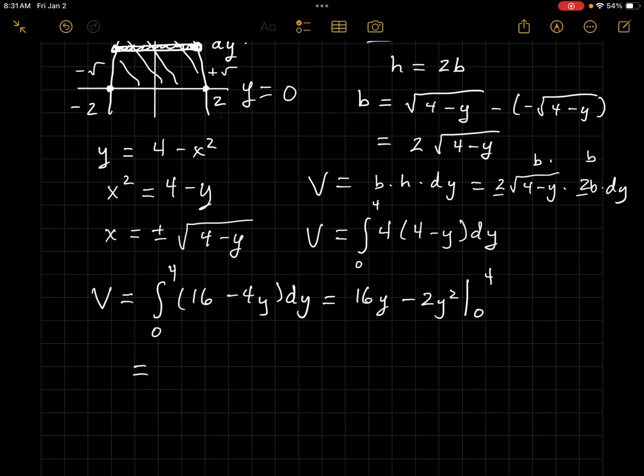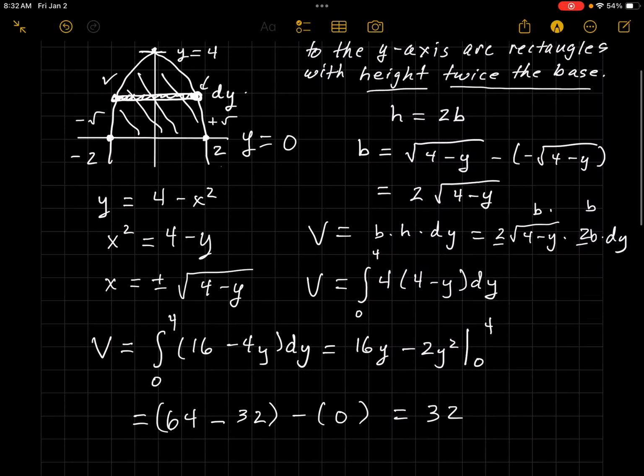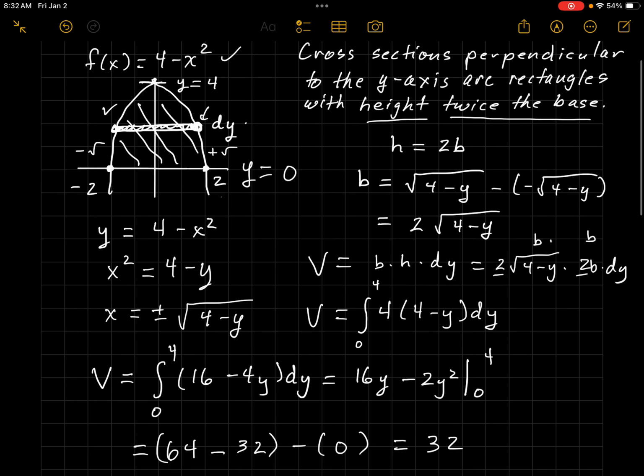Plug in our top limit, 16 times 4 minus 2 times 4 squared. There's your top limit. Minus plug in our bottom limit, which is 0. And we get to the volume of these cross sections, all added together equals 32.